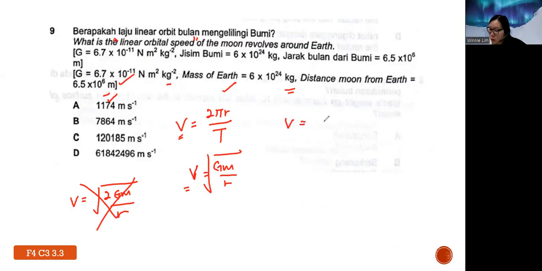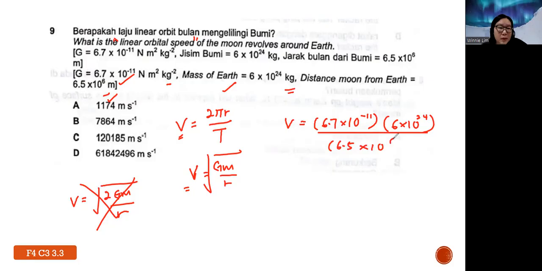Then only you sub into this equation: V equals G, 6.7 times 10 power of negative 11, times M, 6 times 10 power of 24, divided by R, 6.5 times 10 power of 6. Then the whole thing square root of it.